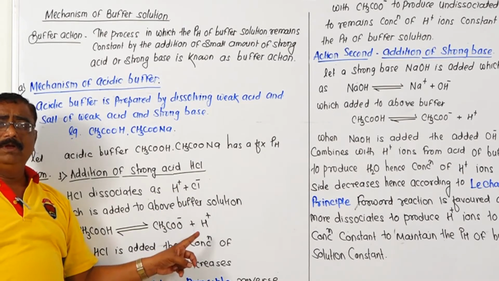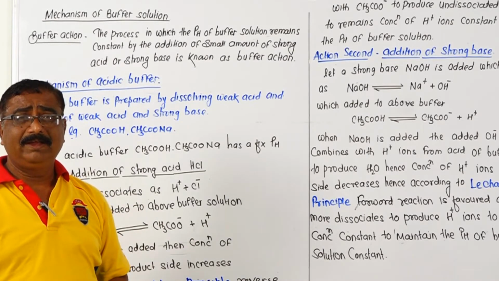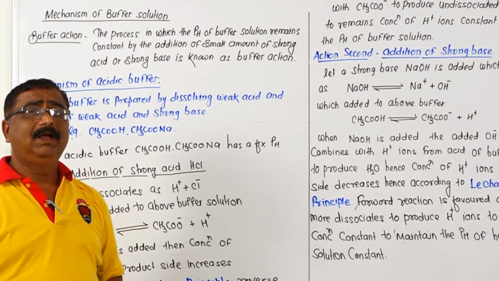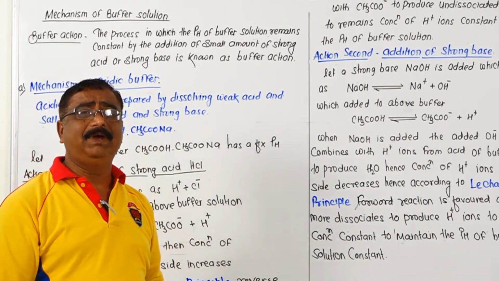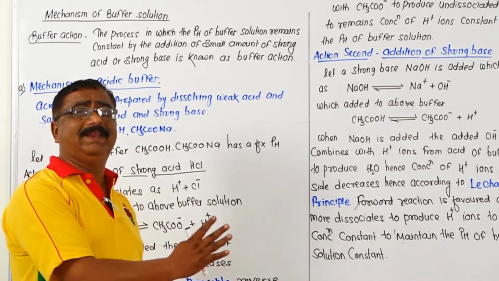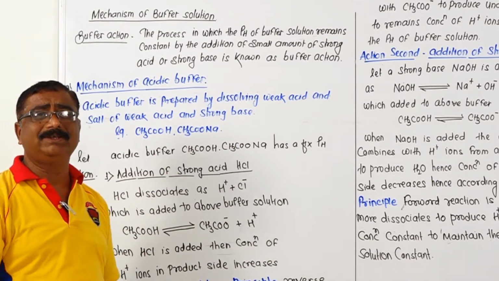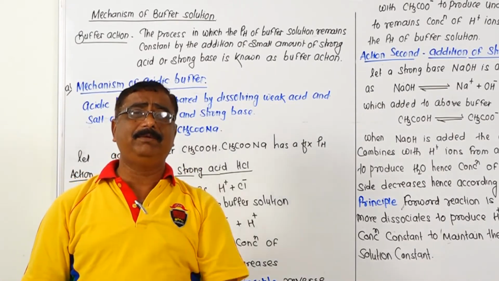According to Le Chatelier's principle, when the concentration of a particular ion in product side increases, then reverse reaction will be favored. Reverse reaction will be favored.